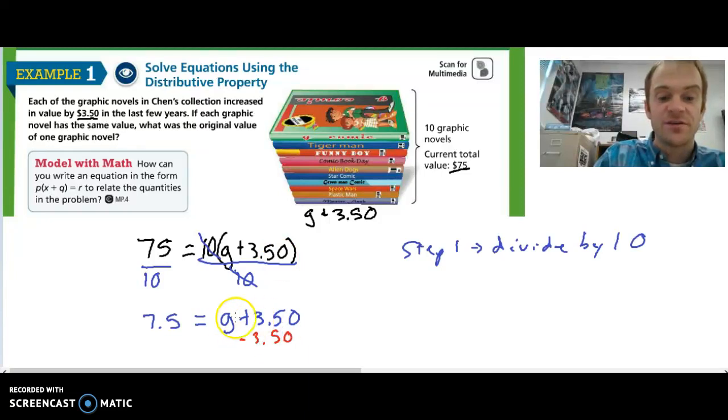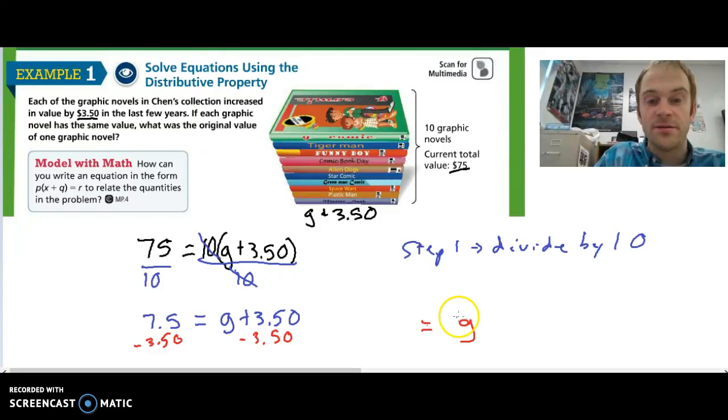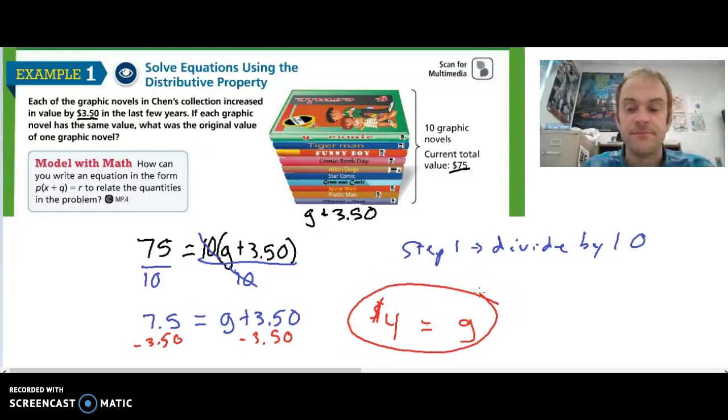I'm doing the inverse operation of adding 3.50, so I'm subtracting 3.50. So whatever I'm left with, since G doesn't have a coefficient greater than 1, or it's just G, whatever I get when I subtract 7.5 and 3.5 is my value. And so I find that each one of these comics is actually going to cost $4.